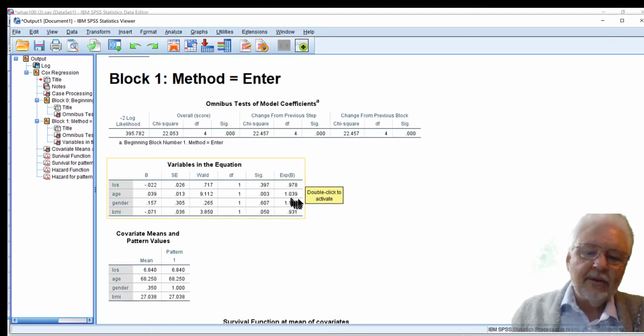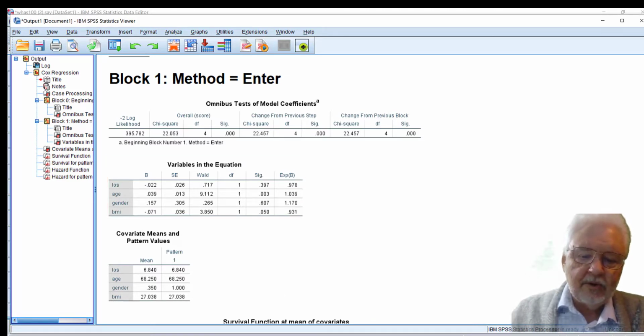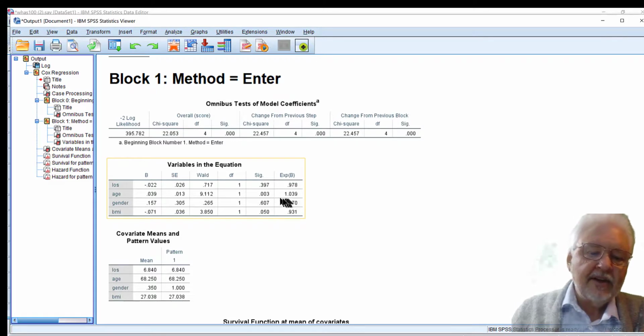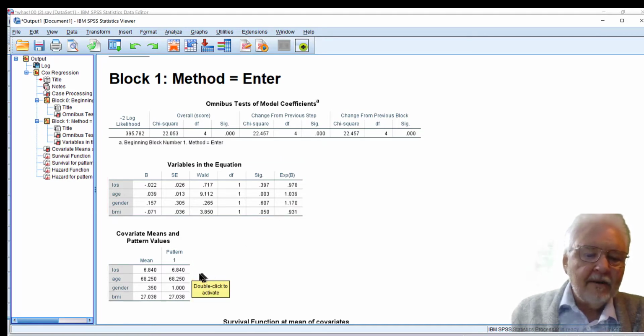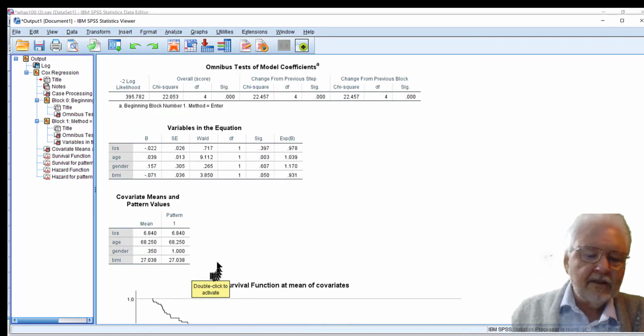And so each little piece, if we calculated the standard deviation for age, then we could determine what percentage of increase in death would be for a 1 standard deviation increase. This is just a 1 unit increase in the proportional hazard. That looks like that's good.